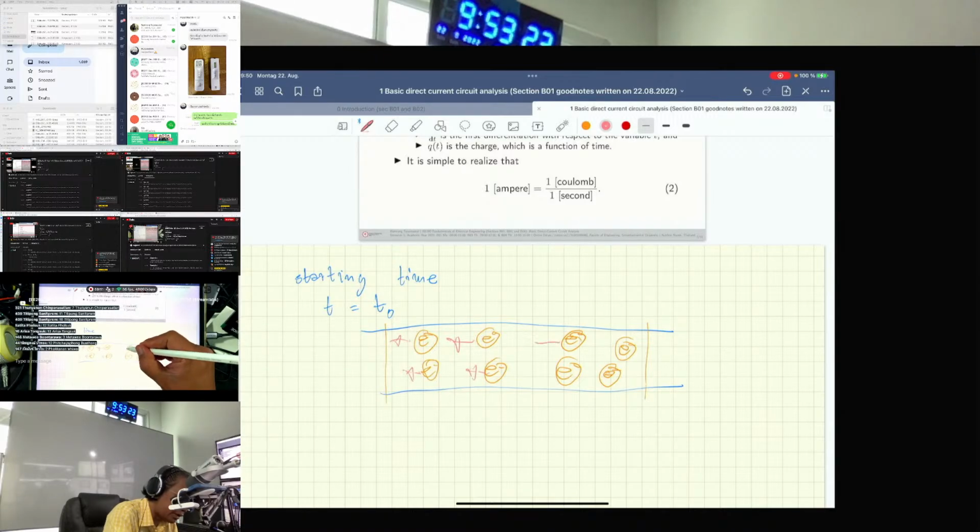All right, they move in the same direction. For some reason, someone used the electric field to push them going forward.